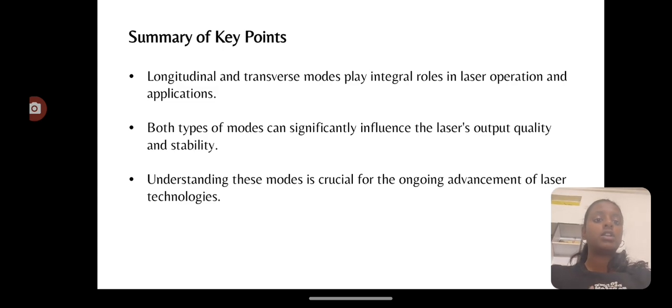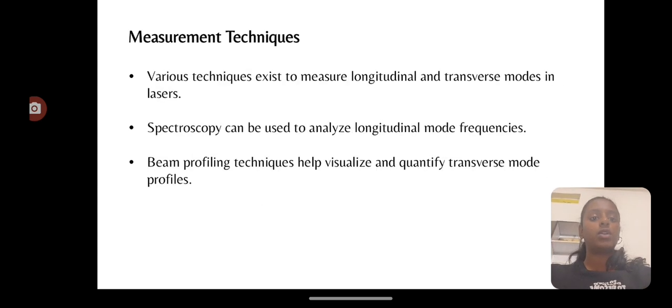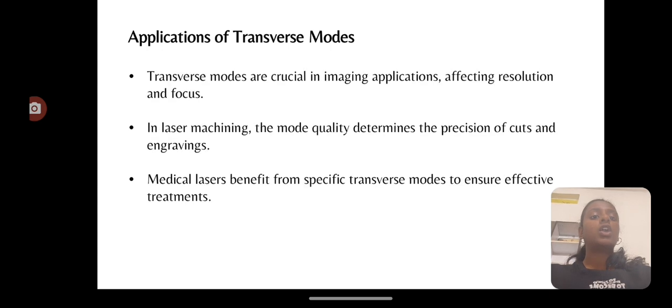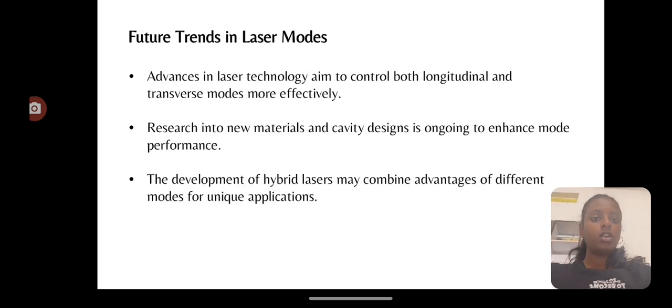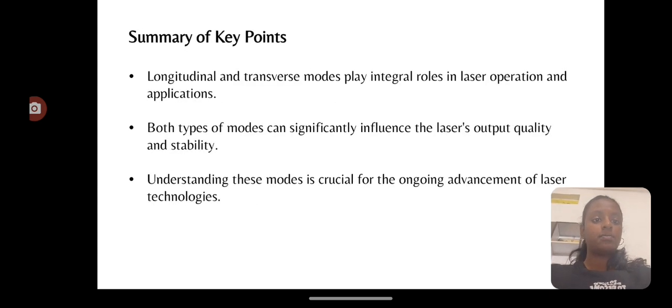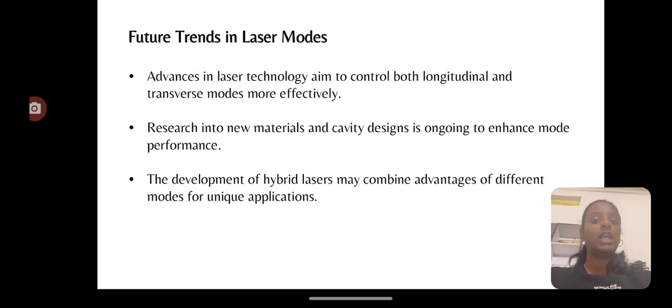A person should understand both longitudinal modes and transverse modes for the ongoing advancement of laser technology, which is very important in future trends.